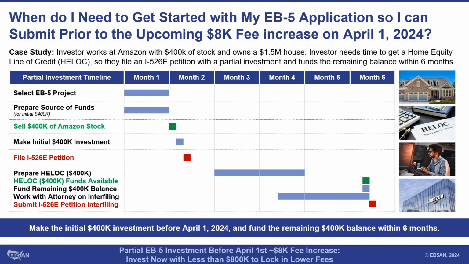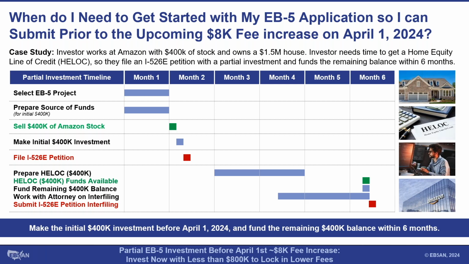Now, as soon as that EB-5 petition is filed, especially if you're going into a project that is already approved, that is perhaps in one of the priority visa categories, a rural project perhaps or not, or it's a TEA project but it's gotten approval already, those cases are reviewed and adjudicated quickly by the USCIS. So you should begin right away at month 3 getting together the funds to make the second installment.